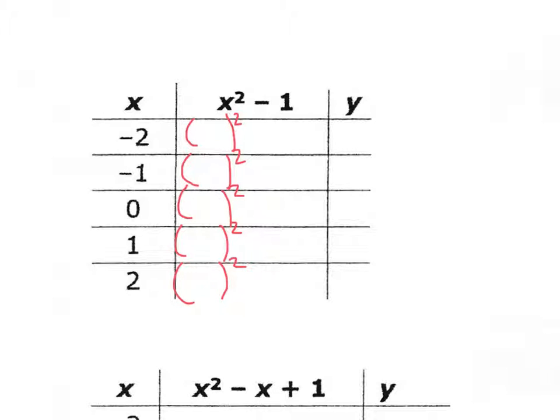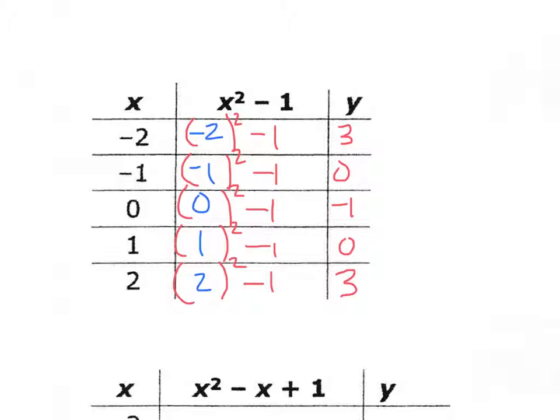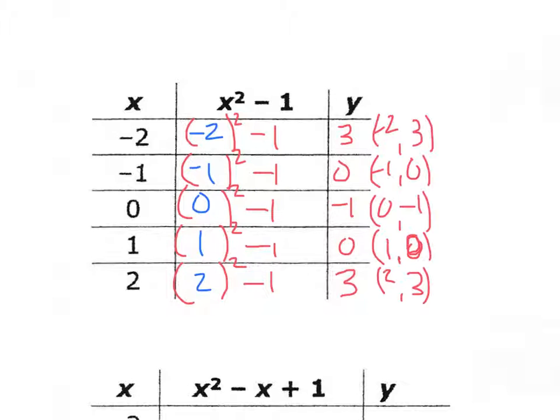First, set up your parentheses for your variables. Subtract 1 from each. Set your variables in the parentheses and do the math. The result of your math should be y values of 3, 0, negative 1, 0, and 3. And you should get an ordered pair set such as this.